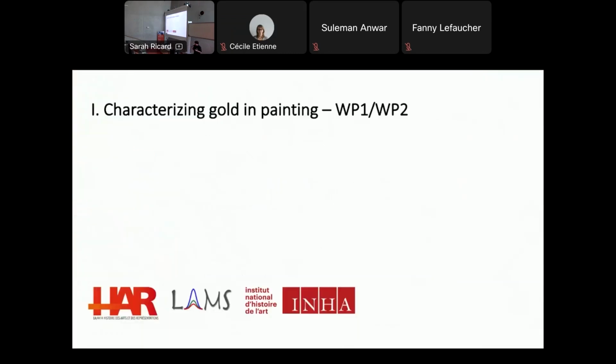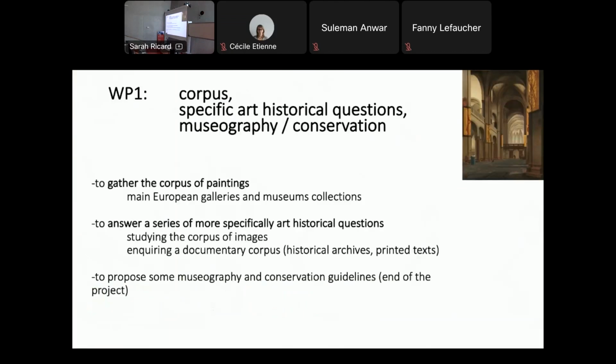So I will begin with a short presentation of the way that we try to characterize the presence of gold in painting. And for art history, it is very much a hypothetical manner of doing, because we have not the means and the finances to analyze each painting of the corpus.